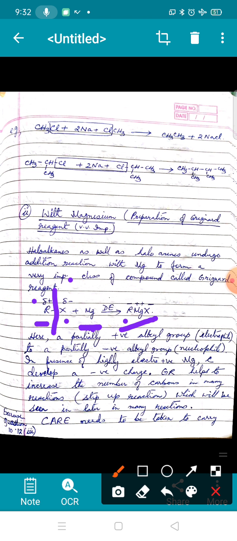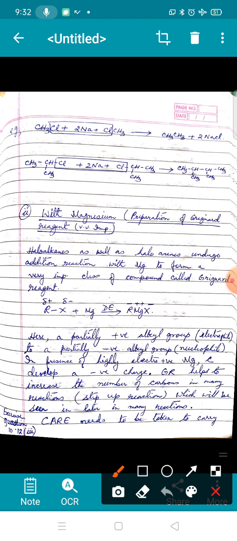Now, as you know, R means a group containing carbon. Out of carbon and magnesium, definitely magnesium is more electropositive. So, magnesium develops a partial positive charge, whereas the alkyl group carries a negative charge. So, the speciality is that an electrophilic alkyl group turns into a nucleophilic alkyl group by converting it to Grignard reagent.